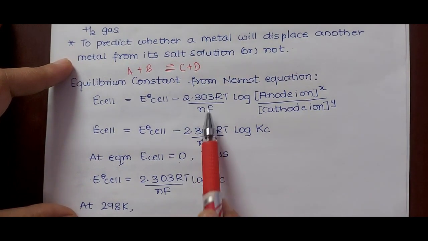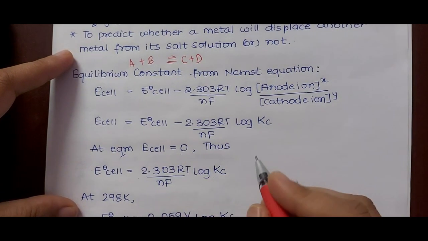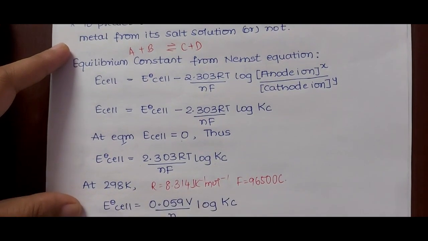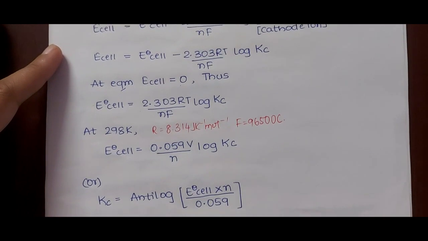Thus, using this Nernst equation at any temperature T, the E0 cell becomes equal to 2.303 RT by nF log Kc. If we substitute all the values, taking T as 298 Kelvin, R equal to 8.314 joule per Kelvin per mole, and F equal to 96,500 coulomb, the above equation can be written as E0 cell = 0.059 volt divided by n into log Kc.